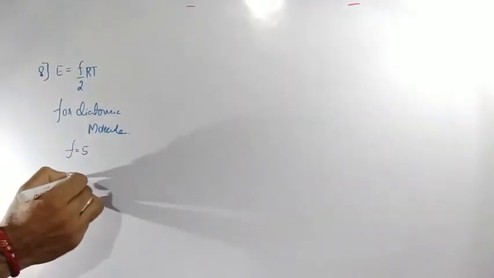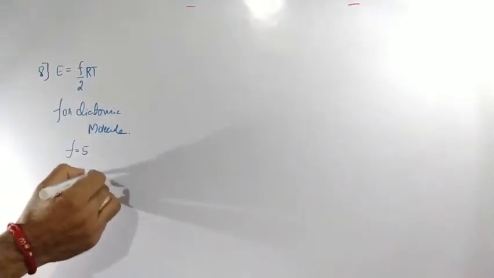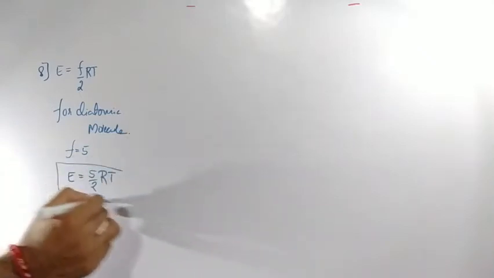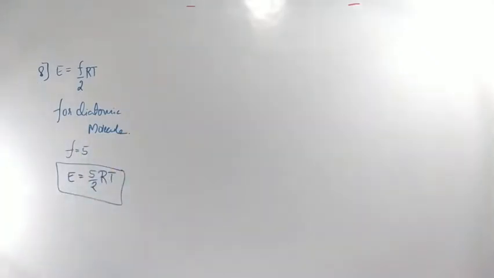So simply substitute f equal to 5, E is equal to 5 divided by 2 times RT. This is nothing but one of the options among the given 4 options. Got it? Shall we go to the next question?